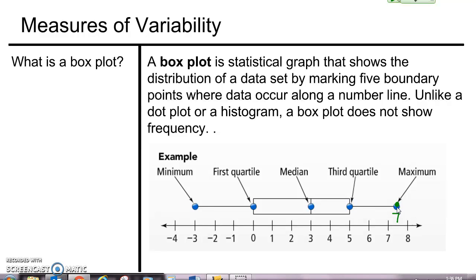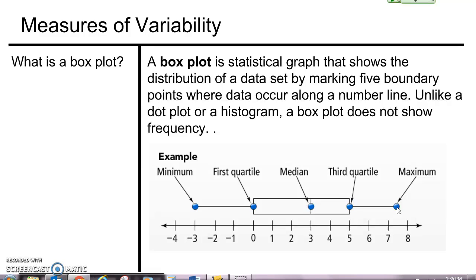It's 7.5 for this box plot. What is the minimum? It's right here. It's -3. And then you would use your little range formula, biggest minus smallest, to find the range. Okay? So that's one type of problem you would need to solve from a box plot.